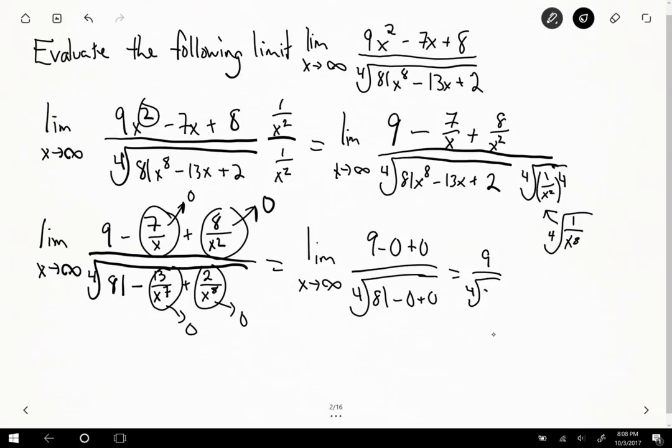And you might not know the 4th root of 81 off the top of your head, but it might be a little bit easier. 81, if you notice, is 9 squared, and 9 squared is 3 to the 4th, essentially. So you could write this as the 4th root of 3 to the 4th, and notice the 4th root and that 4th power will cancel, and so this means we have 9 over 3, which our answer is just 3.